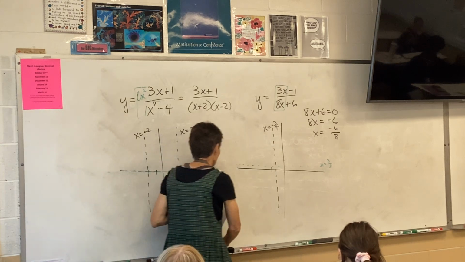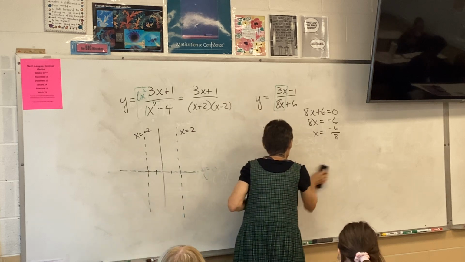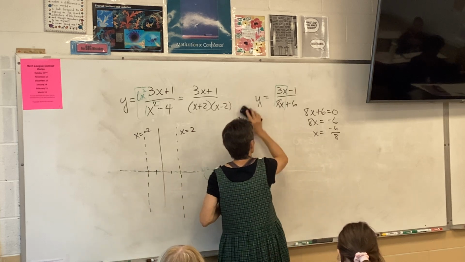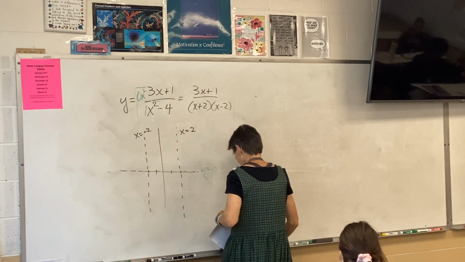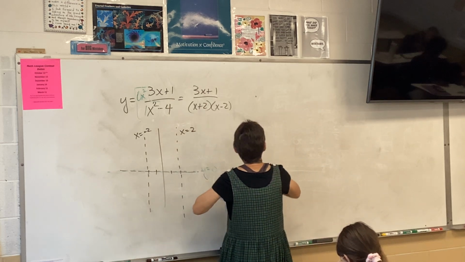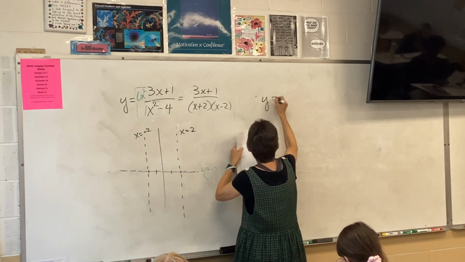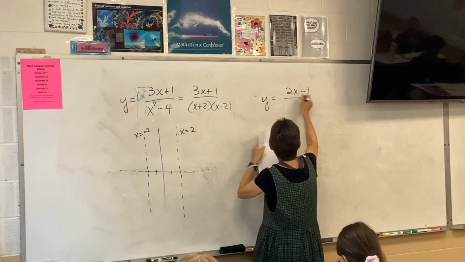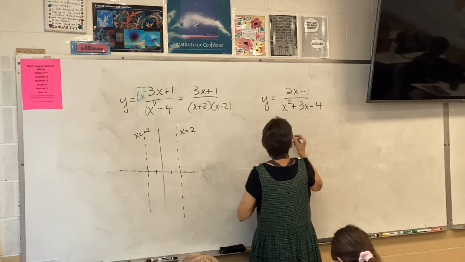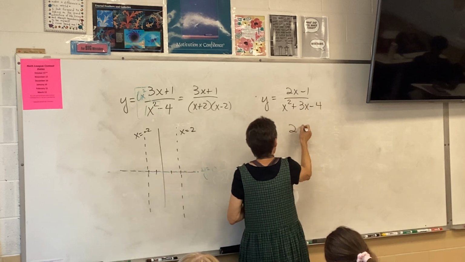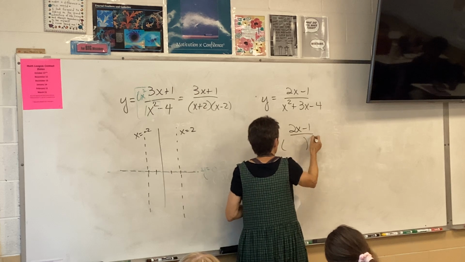Alright, let's look at F. Is F about the same thing, you guys? What are you going to do first? Factor. You always want to factor anything that you can.